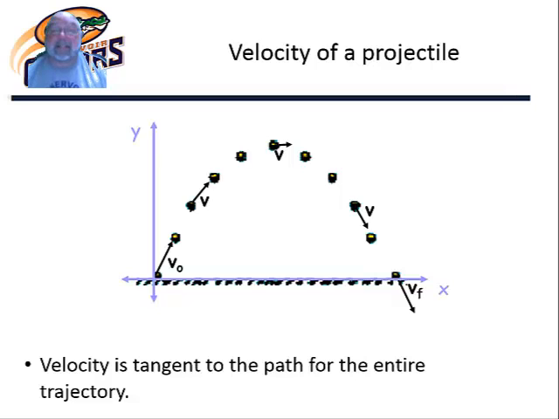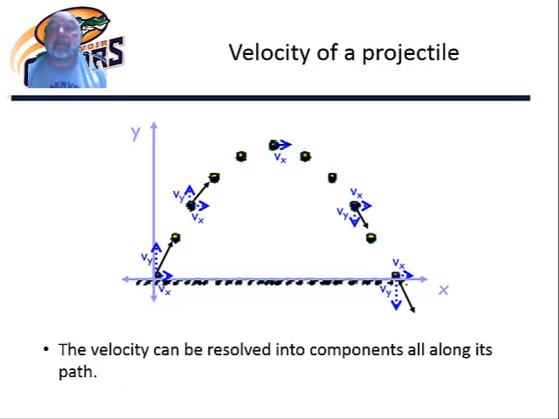The velocity. The velocity is tangent to the path. It points in the same direction that the ball is moving. The components of the velocity. If you were to resolve the components all along the path, you would see that the x component is a constant and the y component changes due to the effects of gravity.